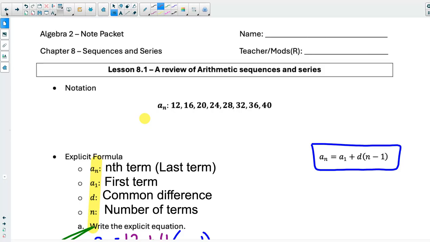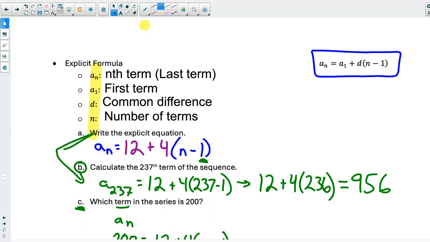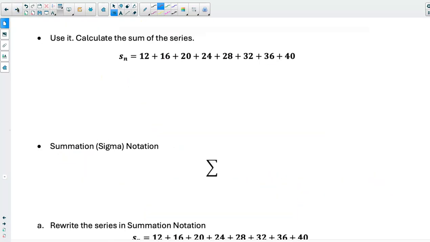If I ask you for the 237th term, I guarantee you that some of you are going to go ahead and start writing it out, and you're going to be like, I got it. And you know what, 9 out of 10 times it's wrong because you missed like the 171st term or something, and it takes forever. But I need to see the formulas. We're teaching you how to apply those. So please, please, please, please make sure you do that.